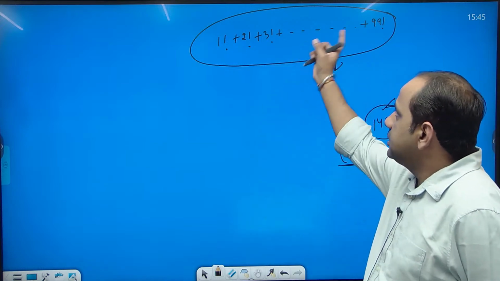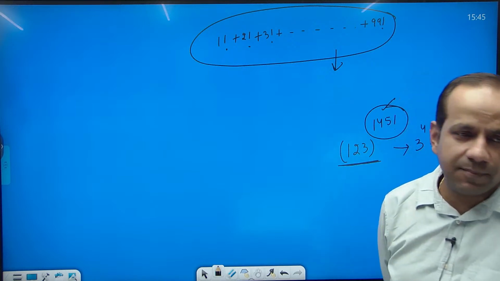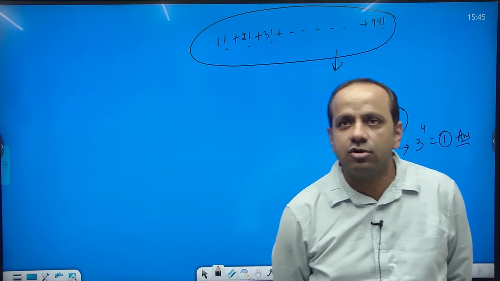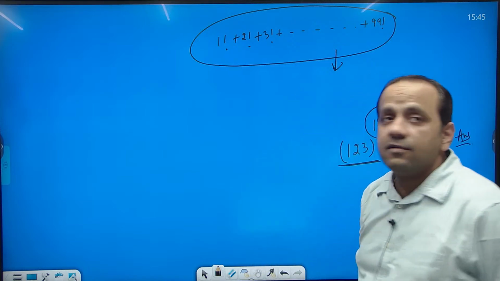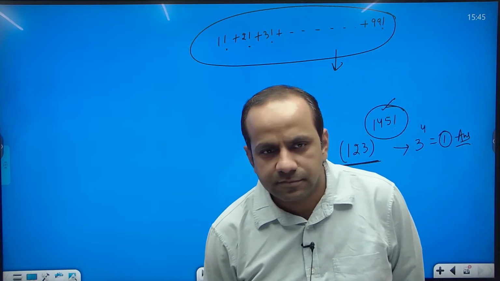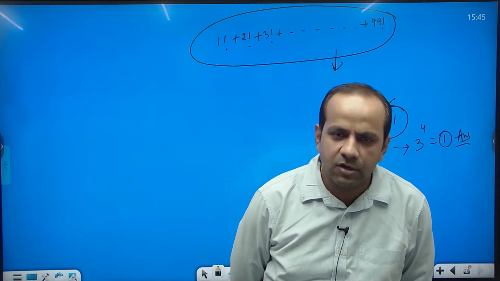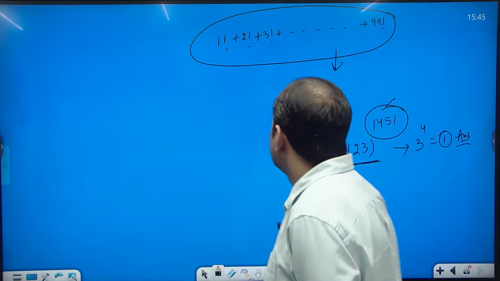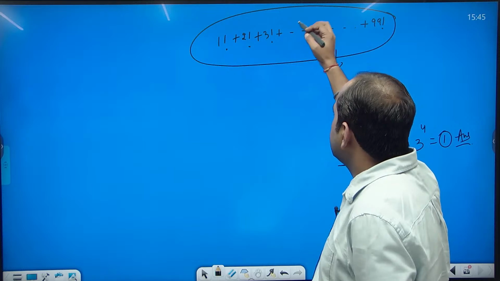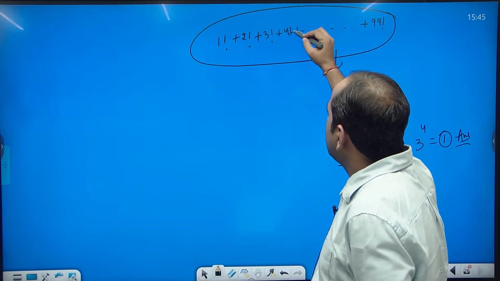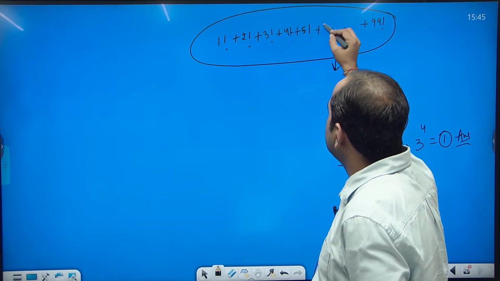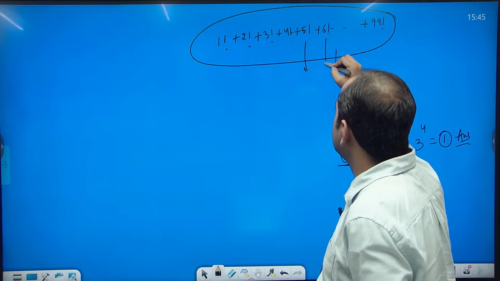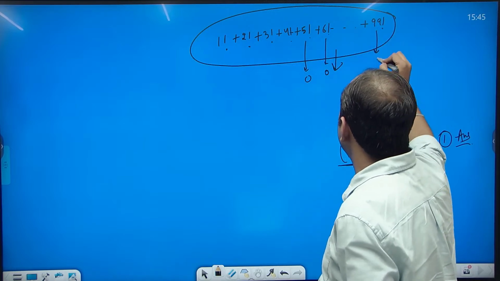Chalo, let's see this one. 1 factorial plus 2 factorial plus 3 factorial, and so on up to 99 factorial. Done with this? What will the answer be? 3 or 0? Sure? Let's see. See, we know that any factorial after 5 will give you 0, this will give you 0, this will give you 0.